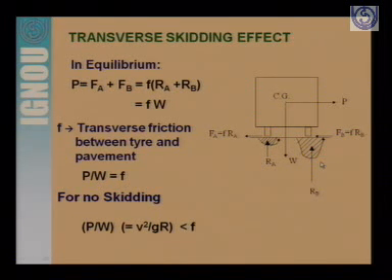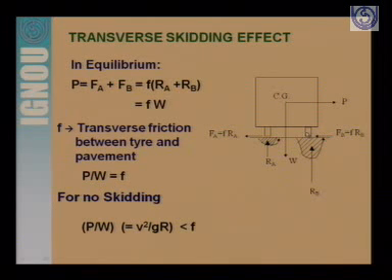These reactions are acting upward, and because of friction between the road and the tire, there is friction force at wheel A, FA, which is F into RA, where F is the transverse friction between tire and pavement.